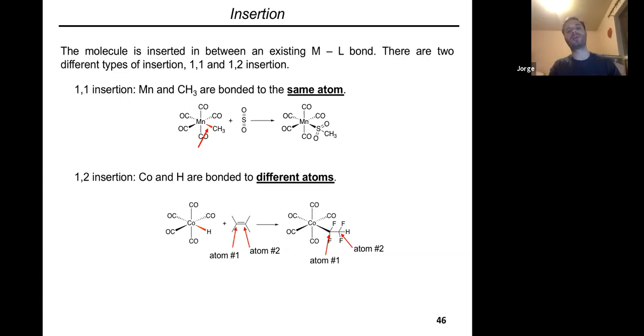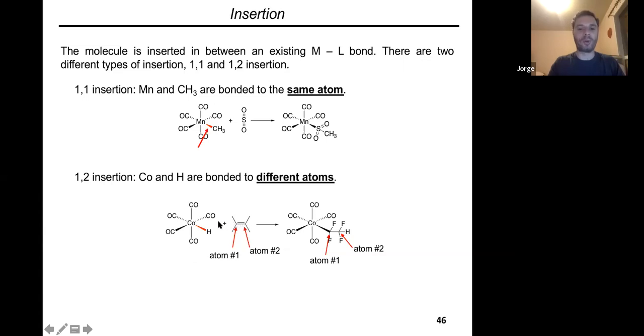Now let's take a look at the 1,2 insertion. Starting with a cobalt complex, the insertion is going to be made in between cobalt and hydrogen. And here we have the ethylene, okay? So we have here atom number 1 and atom number 2.